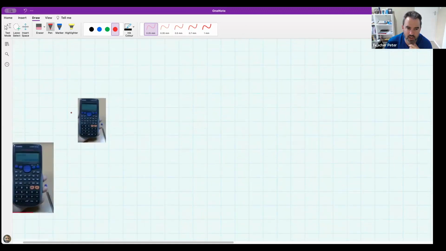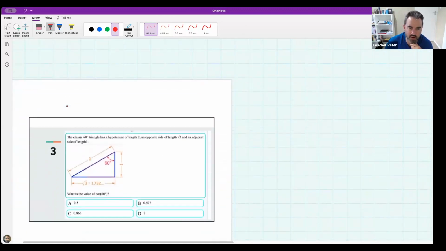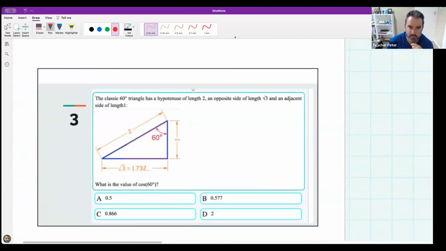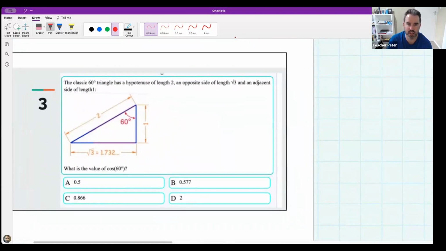Let's have a look at another one. So in this one, you are given 3 sides of the triangle, and you need to find the value of the cos of 60.